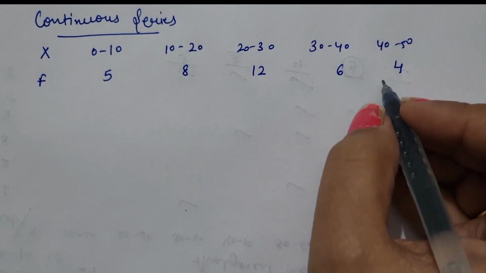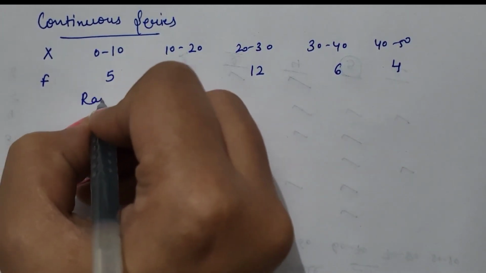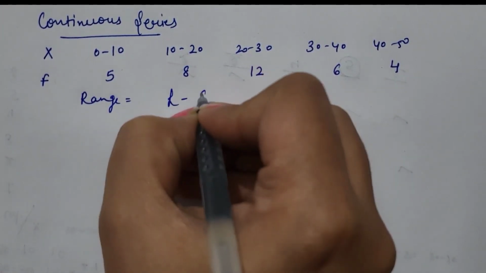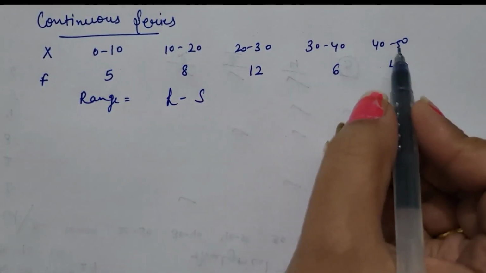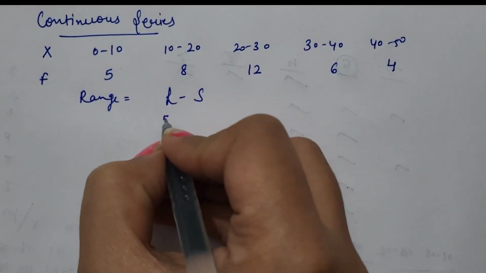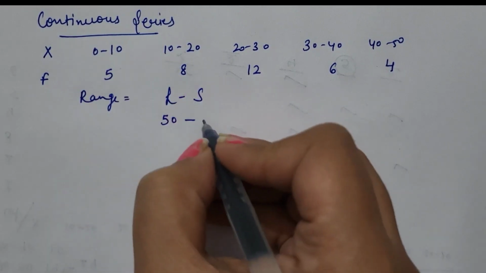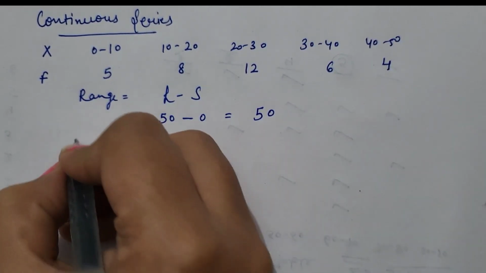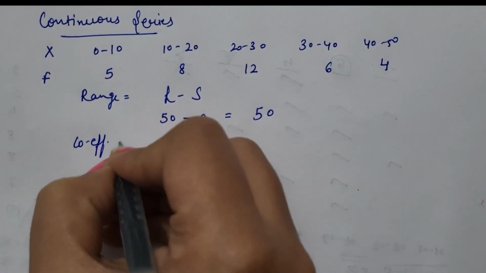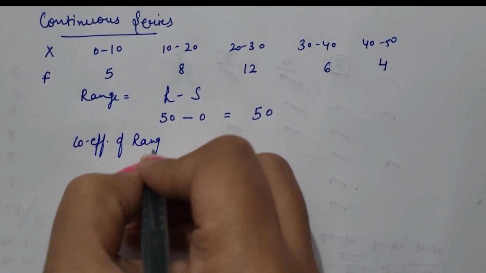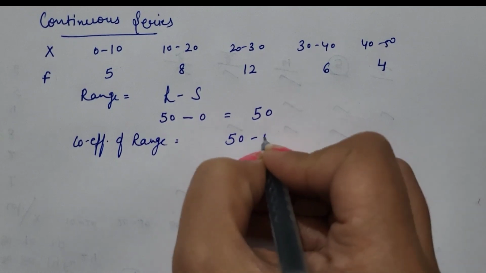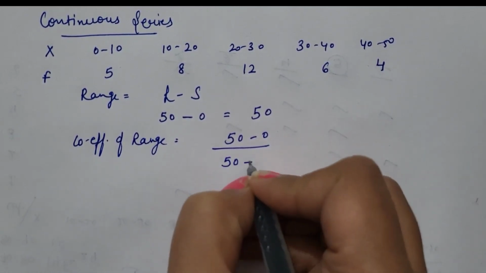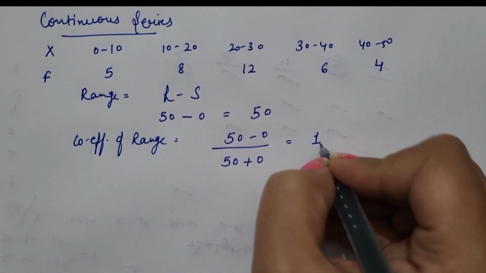So for calculation of range, largest item. Here largest item of the series is 50 and smallest item 0. So range is 50. And coefficient of range would be 50 minus 0 divided by 50 plus 0, which is 1.